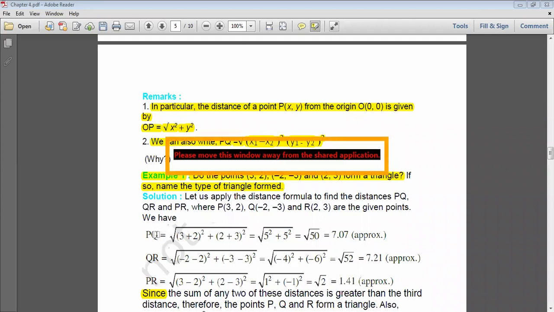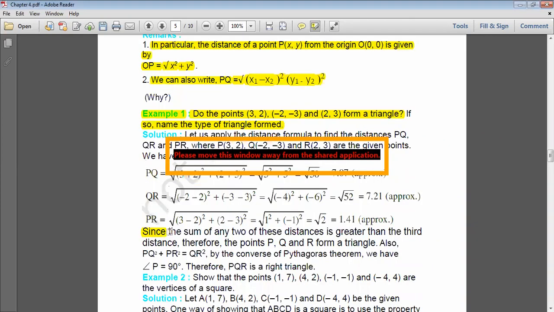So we can find PQ, QR and PR, and then you can find that the sum of any two of these distances is greater than the third distance. Therefore, the points P, Q and R form a triangle.